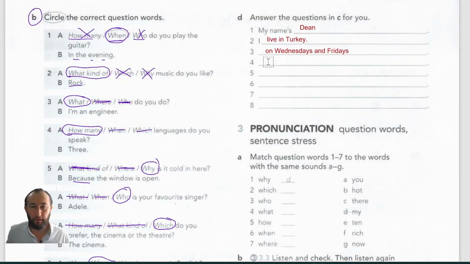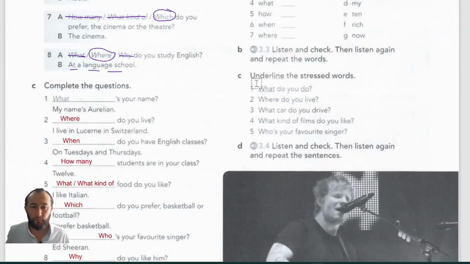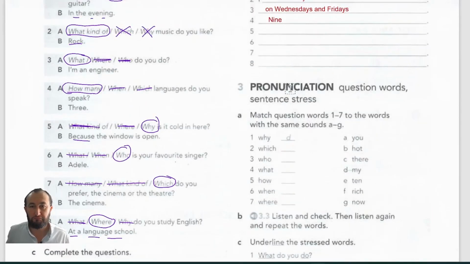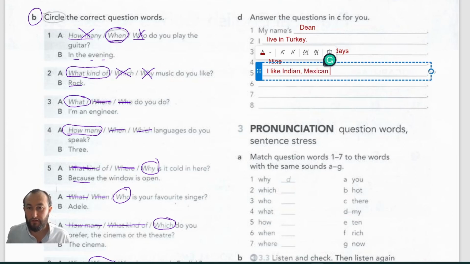So we can just say like 10 or 9 maybe. 9, 10, something like that. Yes. What kind of food do you like? I like Indian, for example. I like chili food, yeah. I like Indian or Mexican or any food actually. I like any food. As long as there is taste there, I love it. So I like Indian, Mexican, Arabic, and everything.